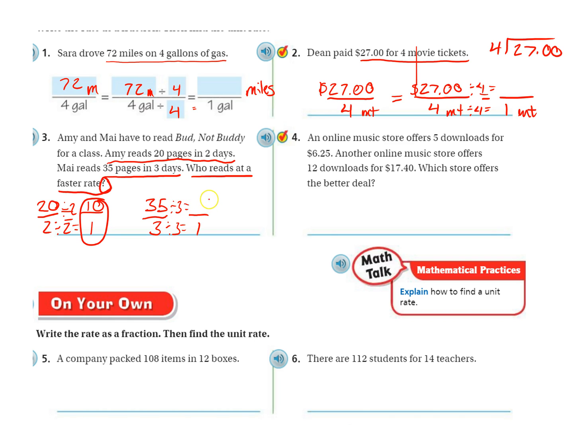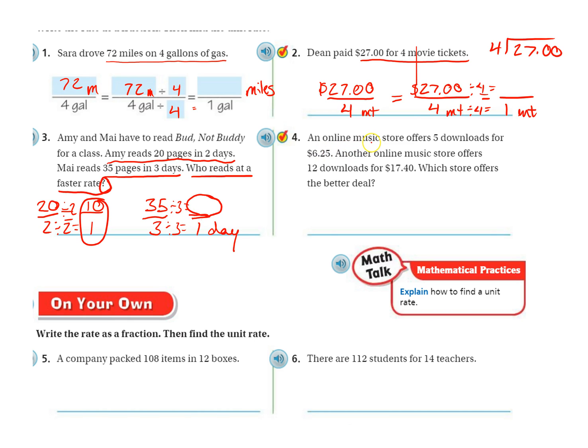So 35 divided by 3, that's going to tell you how many pages May reads for every 1 day. And then you'll be able to see who reads faster, who reads more pages for every day. So once you do this math, 35 divided by 3, you'll get this number, and then you'll just be comparing who reads more in 1 day.